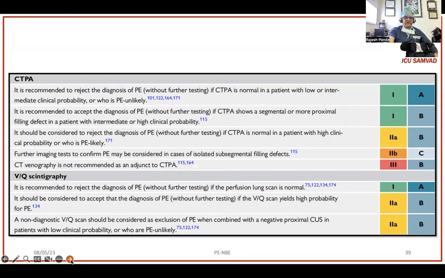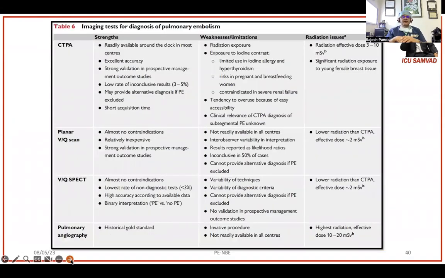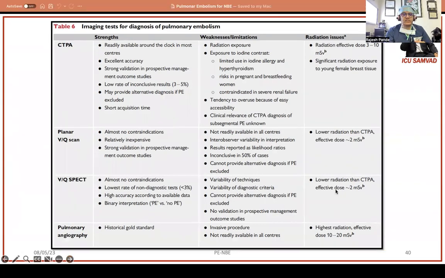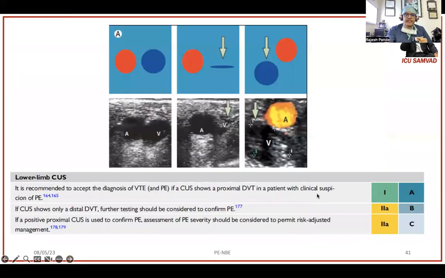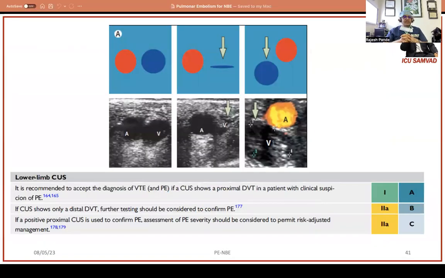Similarly, VQ scintigraphy. So these are the strengths and weaknesses of different tests that you can see, that the VQ scan and SPECT produce the lowest radiation. Lower limb compression ultrasound can also be done. You can see the compression test.